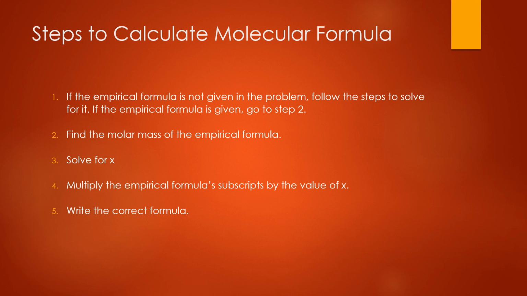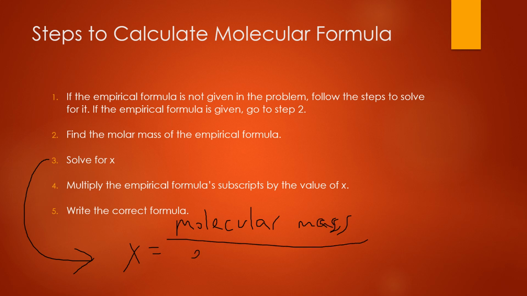Step 3 says solve for X. I didn't write it down, but when I solve for X, X is going to equal the molecular mass divided by the empirical mass. I'm just going to put M for molar mass. And then you multiply the empirical formula subscripts by the value of X, and then of course write the correct formula.